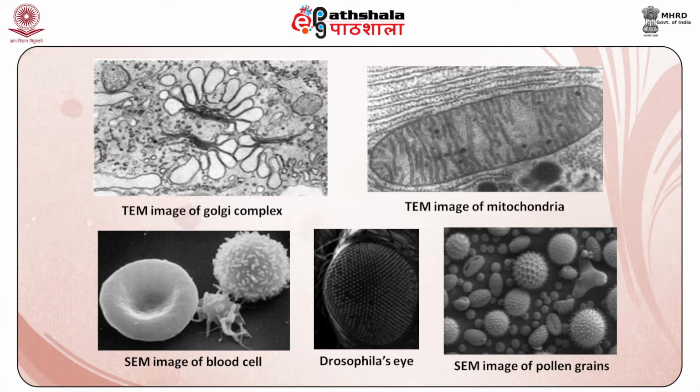The second picture is that of the mitochondria. The mitochondria are the powerhouses of eukaryotic cells. They generate the all important ATP required for all functions of a cell. In fact, ATP is also known as the energy currency of a cell.